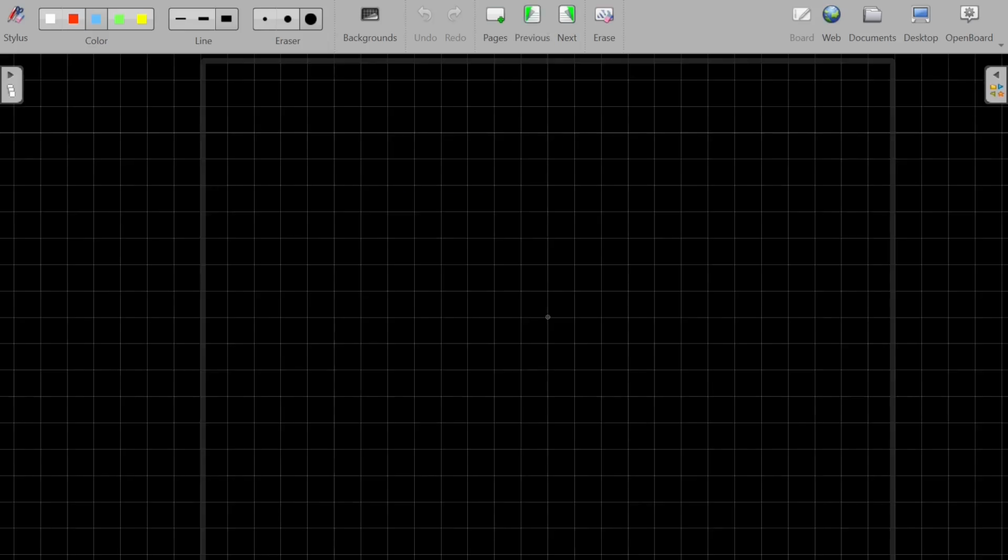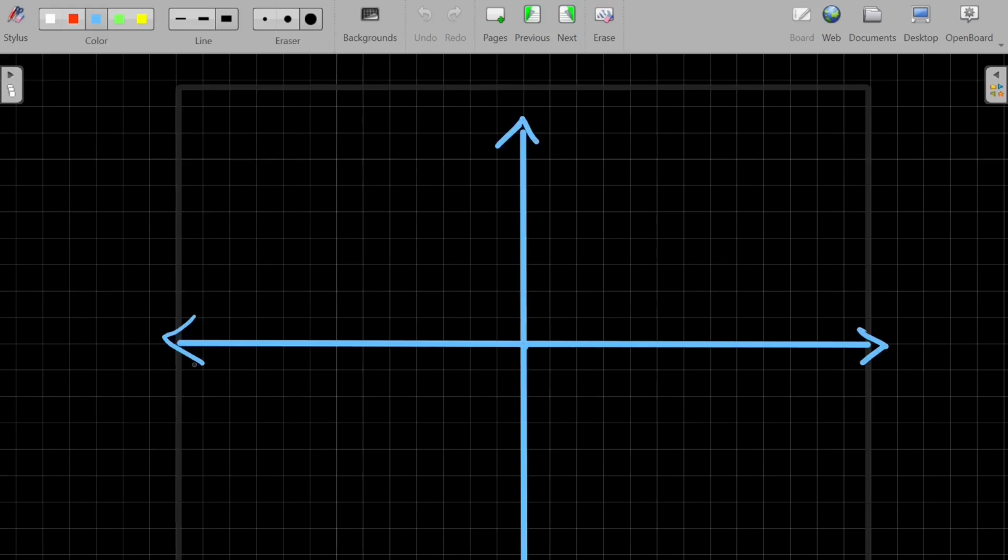On this space we can put reference lines that are horizontal and vertical, and where these lines meet we call that the origin. These lines will have numbers, and I'm going to show you the actual numbering in a moment, but for now I'm just walking you through the introduction.